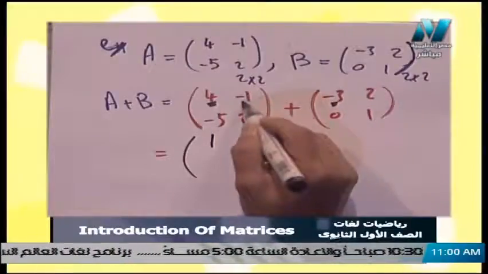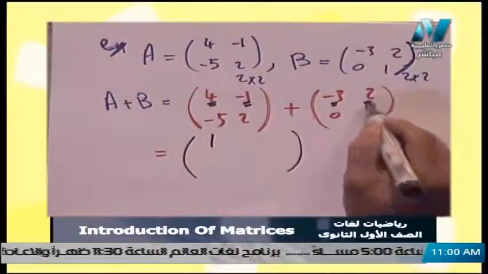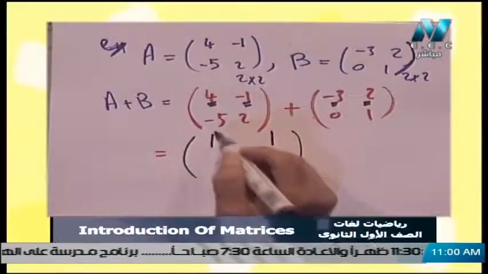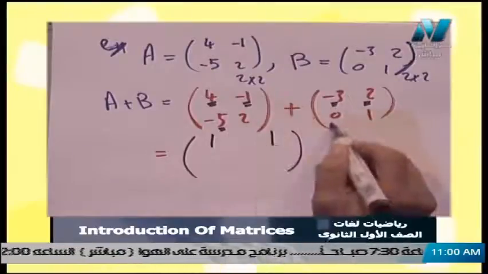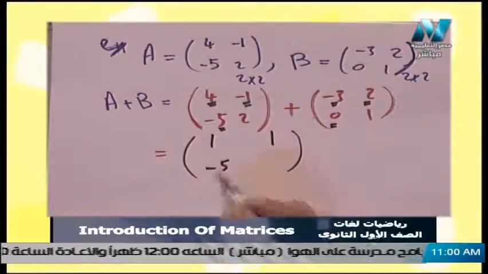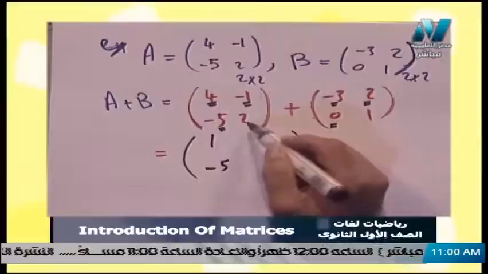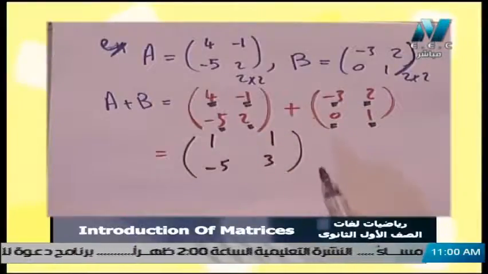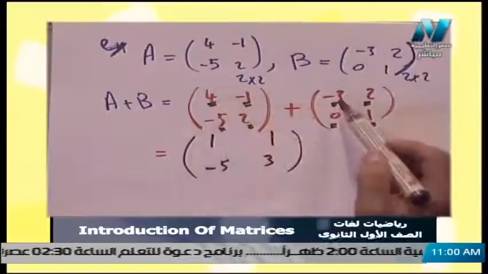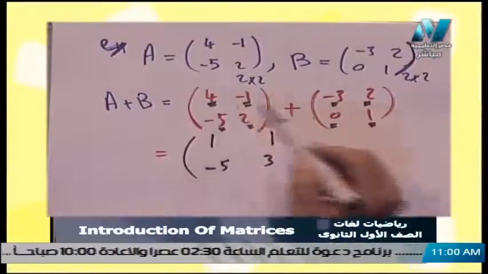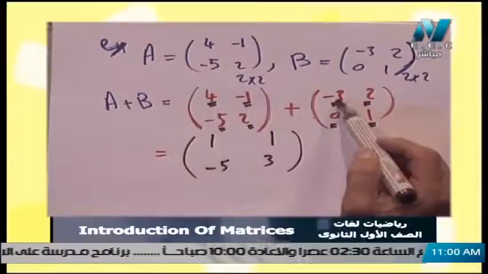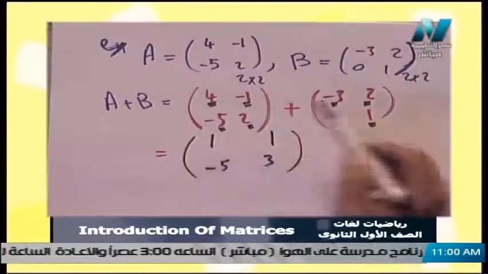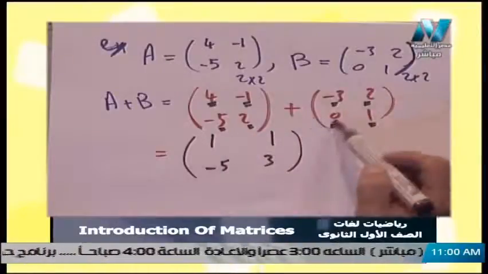And also we will add -1 plus 2. The answer will be 1. We will add -5 with 0, -5. Okay, 2 plus 1 equals 3. Okay, we have added the number and its corresponding element. So we add 4 plus -3 equals 1, -1 plus 2 equals 1, -5 plus 0 equals -5, 2 plus 1 equals 3.